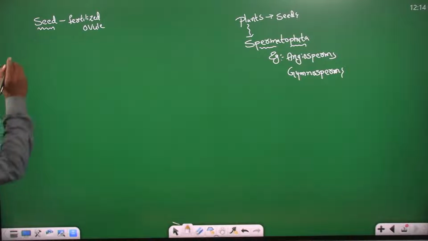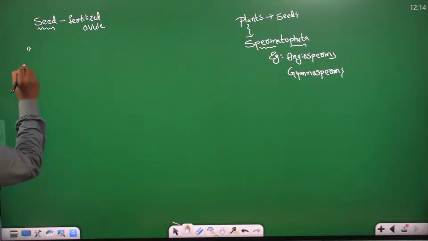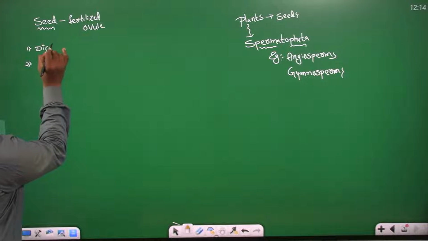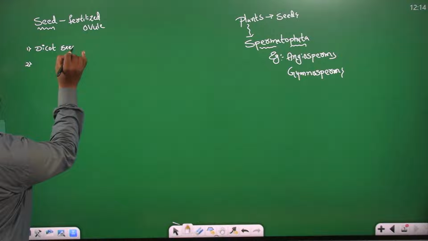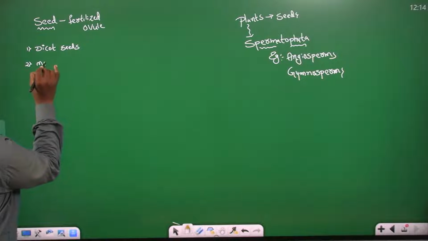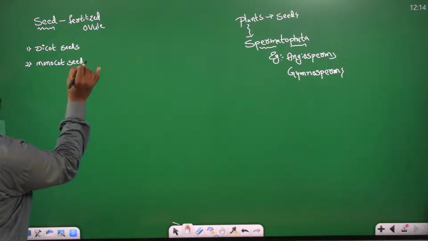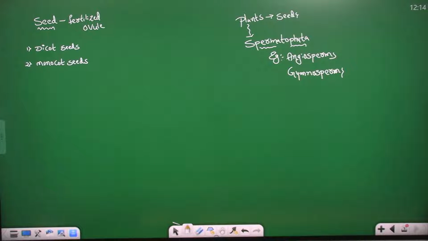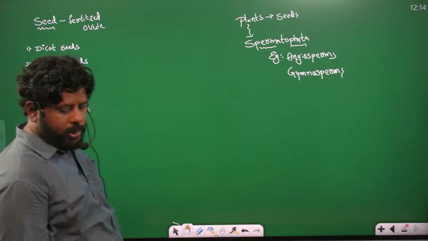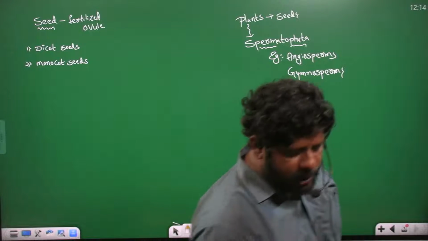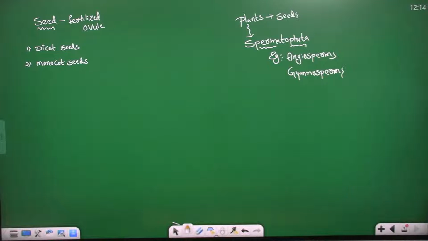See, seeds are classified into two types: dicot seeds and monocot seeds.